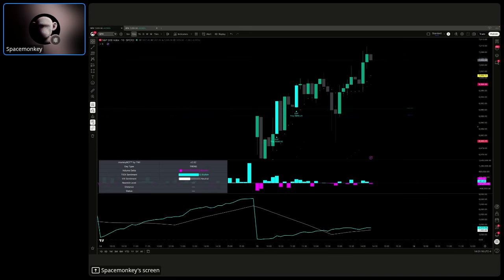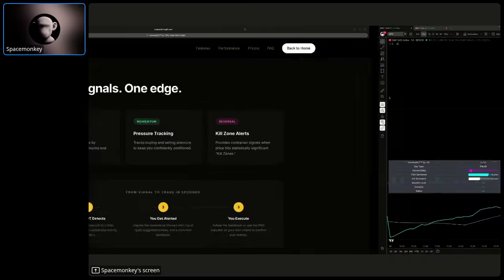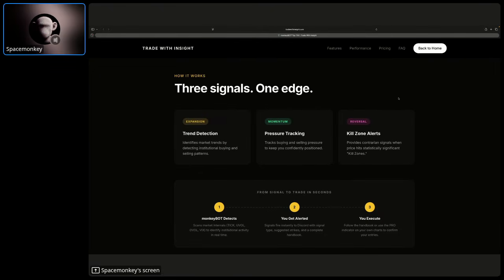And then we have the other way you could trade this, which is through the monkeyBOT channel within the Discord. We have three different channels within Discord that are dedicated to monkeyBOT, and this is a different plan that you can subscribe to.